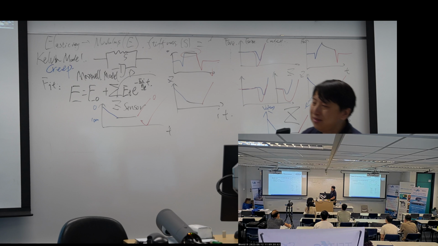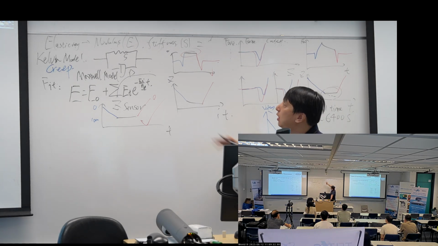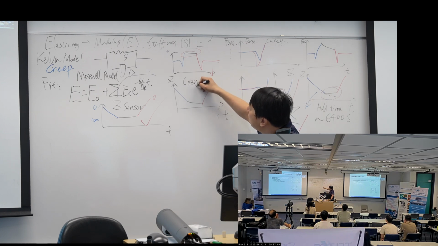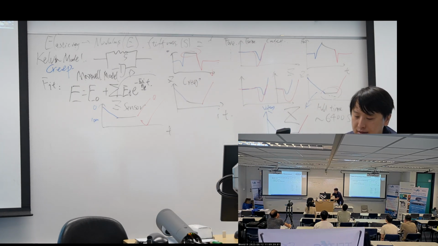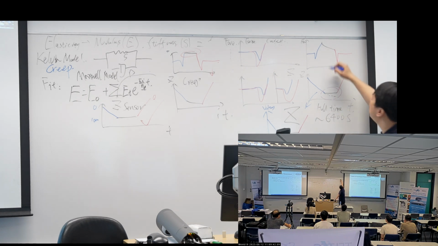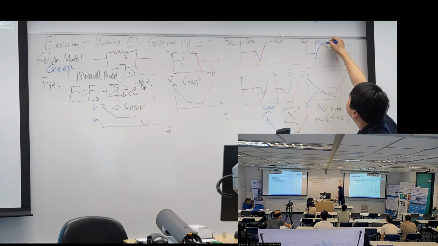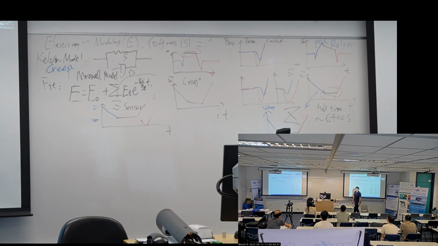That's a little bit different from the models. So for myself, I would say the AFM creep is authentic, but the AFM relaxation is kind of pseudo relaxation. We do not hold the deformation. So I always recommend customers to do creep, not relaxation. The relaxation will face challenges from reviewers.